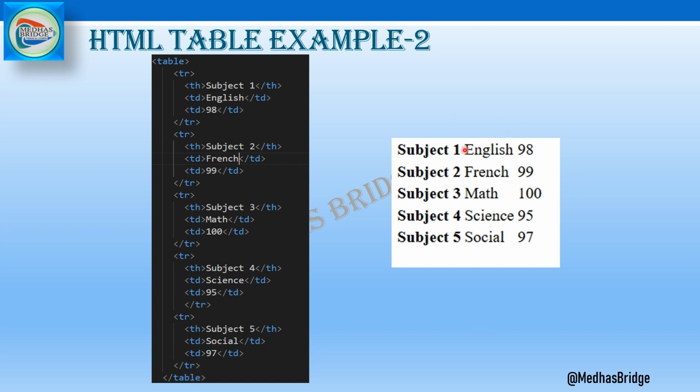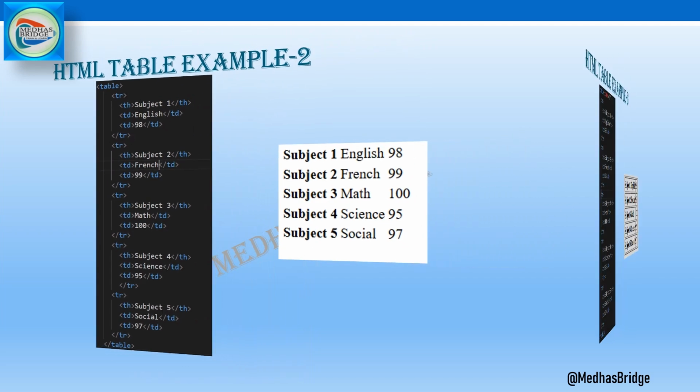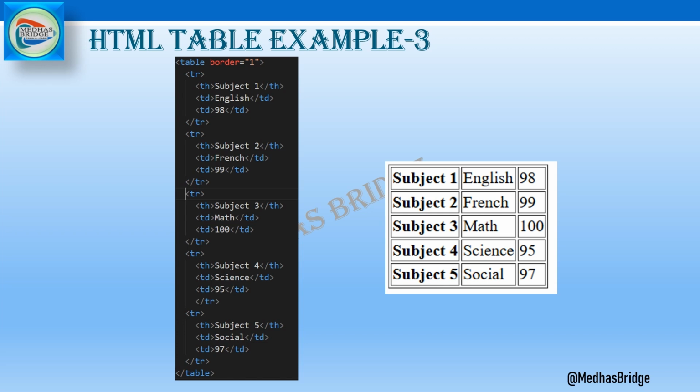Otherwise the data representation remains the same. The next change I made in this example is having a border for this table. I created a border using the border attribute on the table tag. Got it? Otherwise, the rest of the code remains the same.